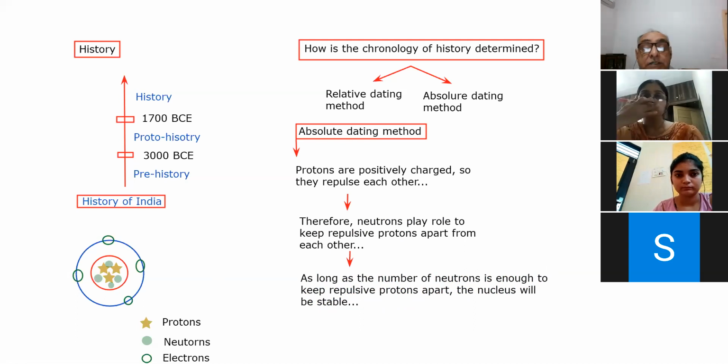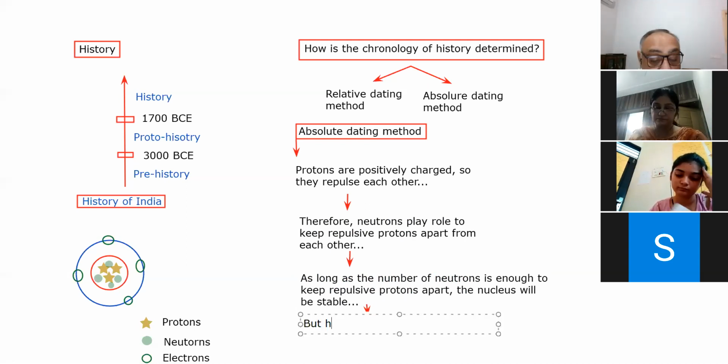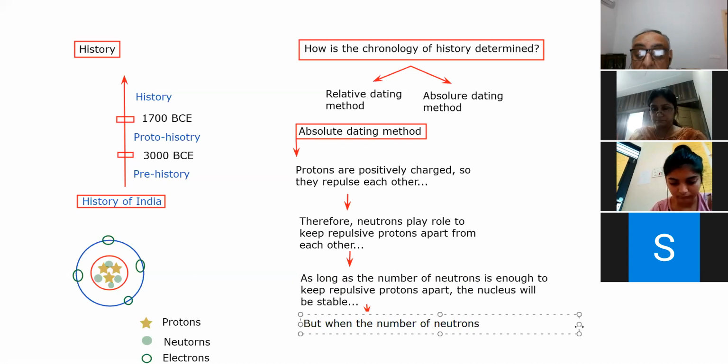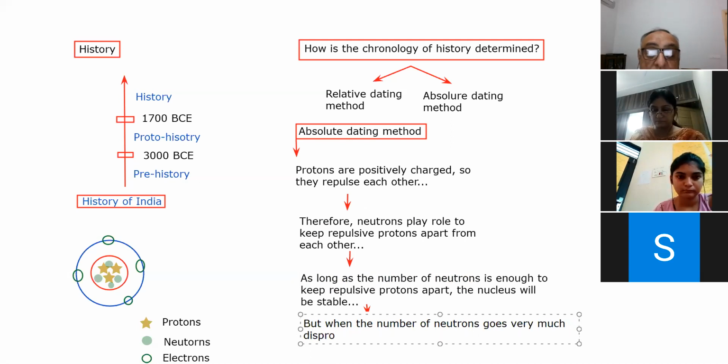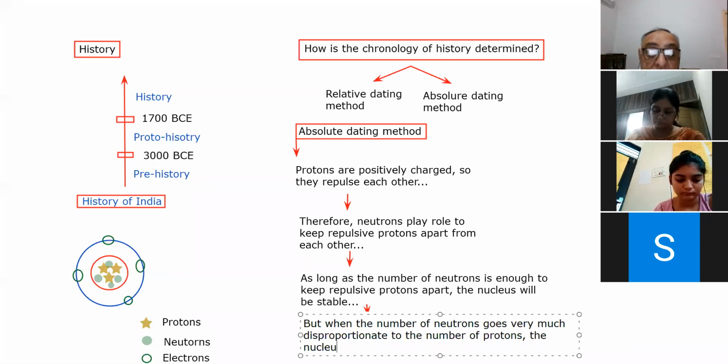But when the number of neutrons becomes very much disproportionate to the number of protons, the nucleus becomes unstable.